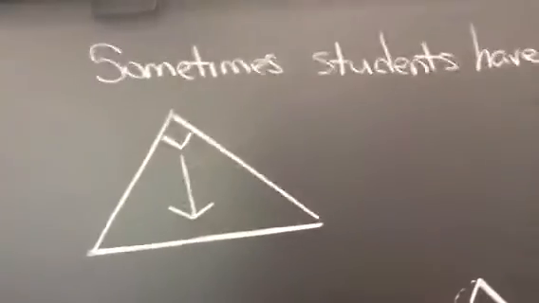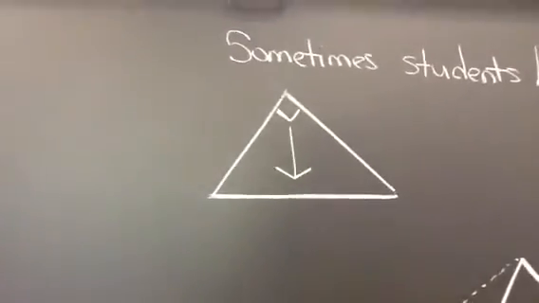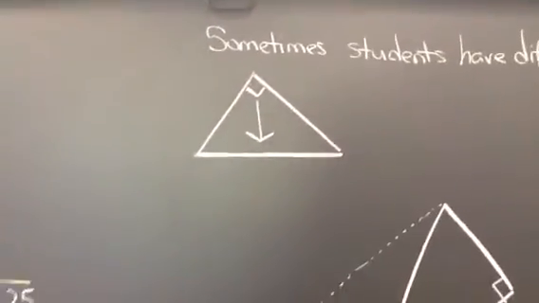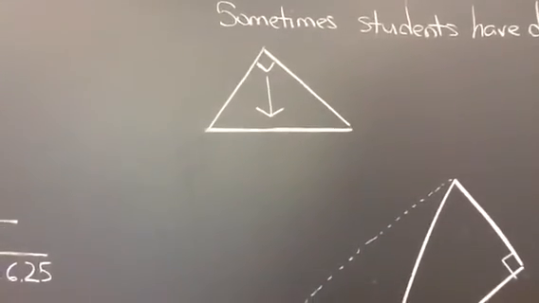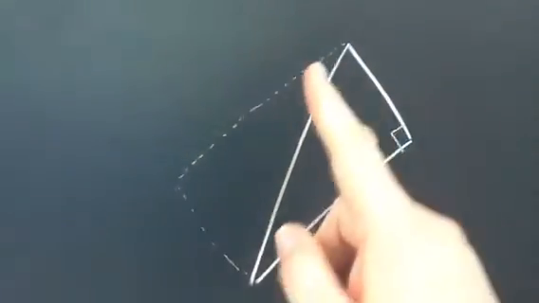But when people look at a picture, not everybody sees the same thing, unfortunately. So perhaps this might be another way that would help. Take a right triangle, and if you're having difficulty identifying what the hypotenuse is, imagine making a rectangle out of it.